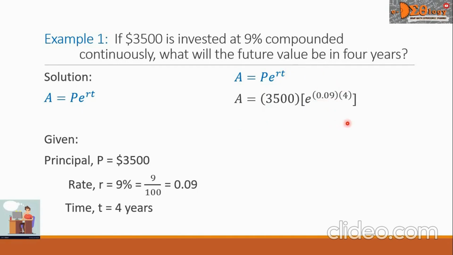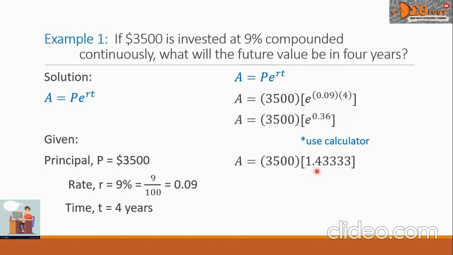To simplify further, let us begin by taking the product of this exponent. 0.09 times 4 will give us 0.36. Let us use our calculator to get this value, and the answer will be 1.43333.